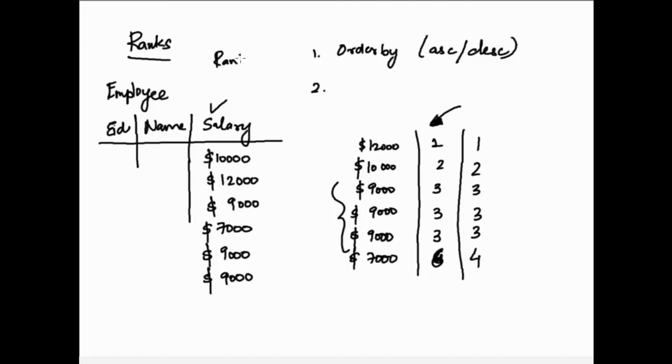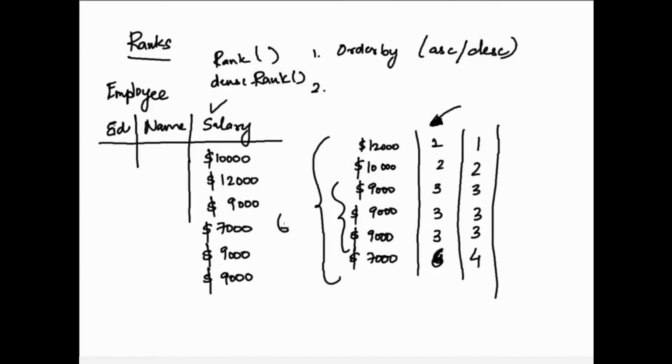There is something called the rank function. There is something called the dense rank function. The next one I wanted to introduce to you is called bucketing. Bucketing is nothing but, if I say that given this data set containing 6 rows, right, bucket it into, say, 3 groups.